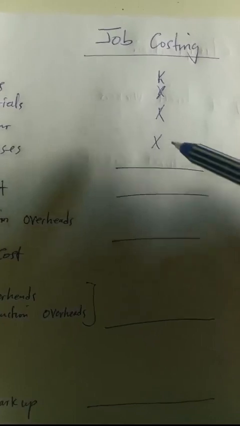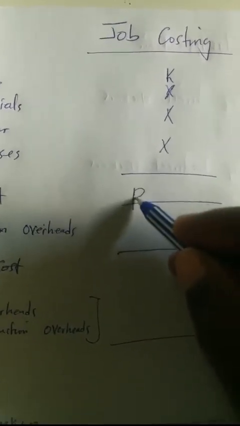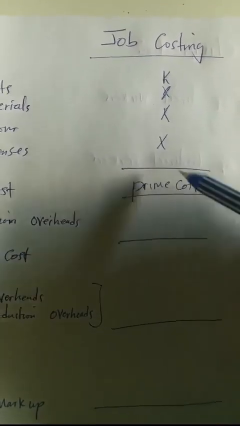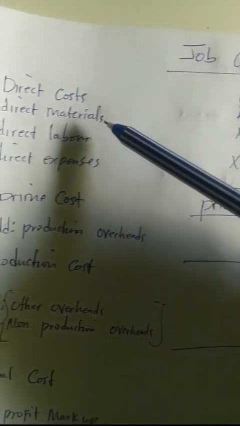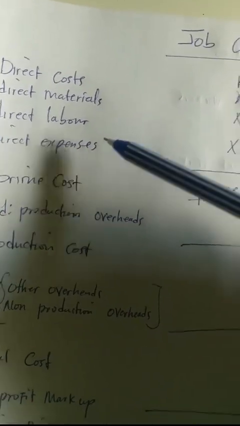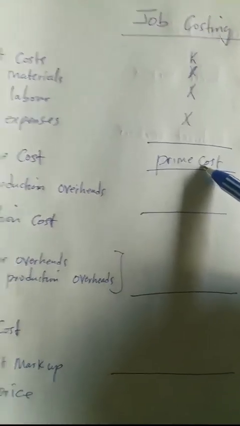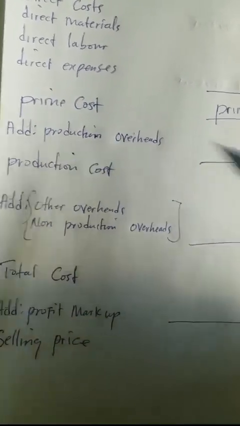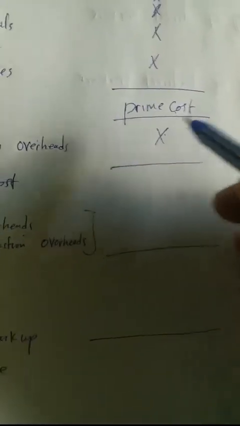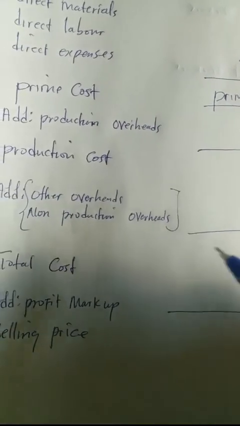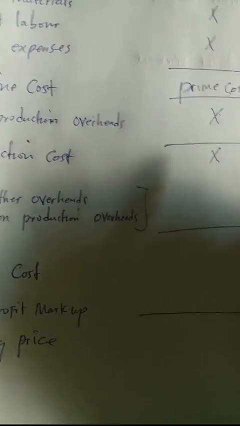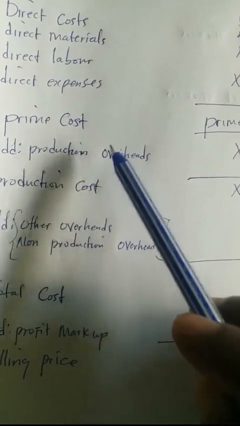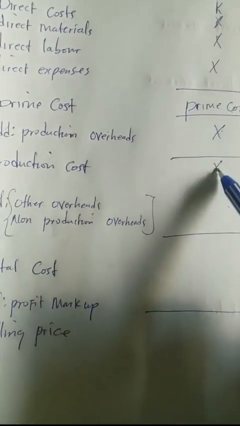When you add these, you're going to have prime cost here. Okay, so the direct costs, which are direct materials, direct labor, and direct expenses, make what we call prime cost. Then when you add production overheads, you are going to have production cost.